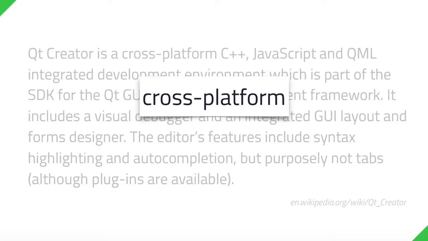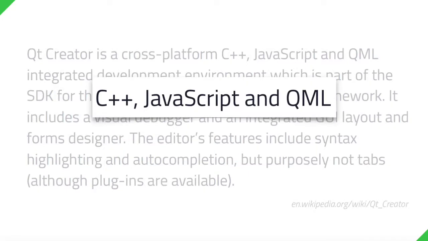Second point is about C++, JavaScript, and QML. C++ is the language of choice for Qt. Qt is a C++ framework, and so naturally we support this language in Qt Creator.